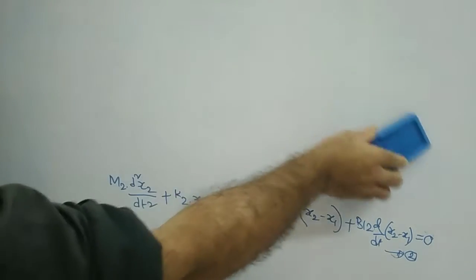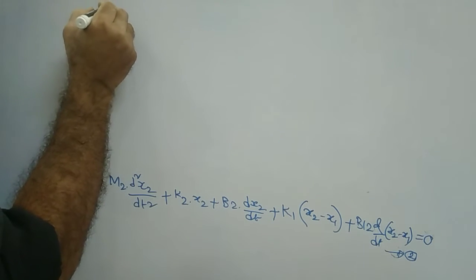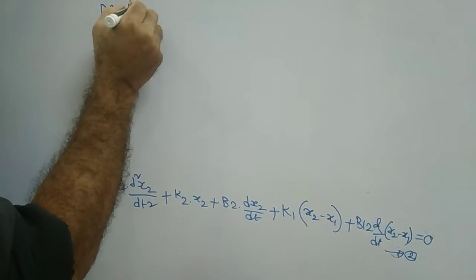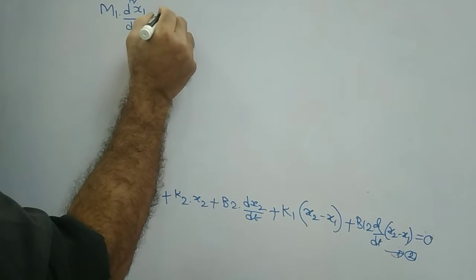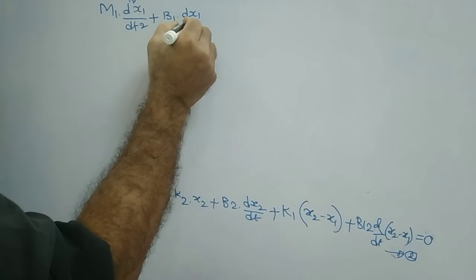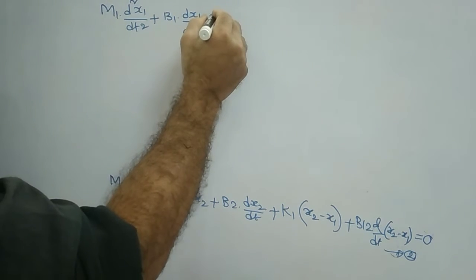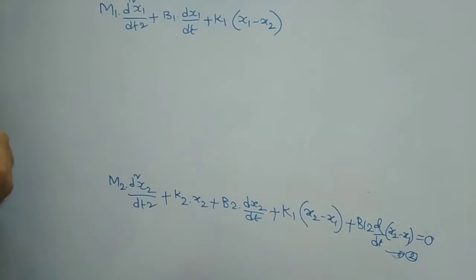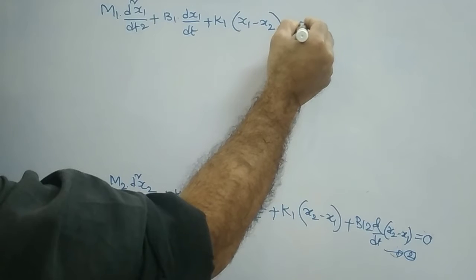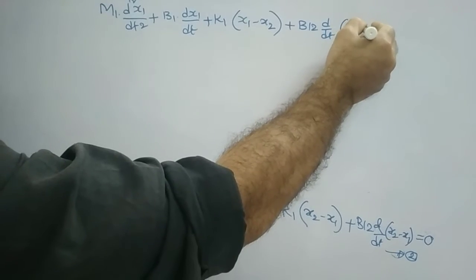What is the first expression we have? The first expression is m1 into d square x1 by dt square plus b1 into dx1 by dt plus k1 into x1 minus x2, I am repeating it, plus b12 into d by dt of x1 minus x2.